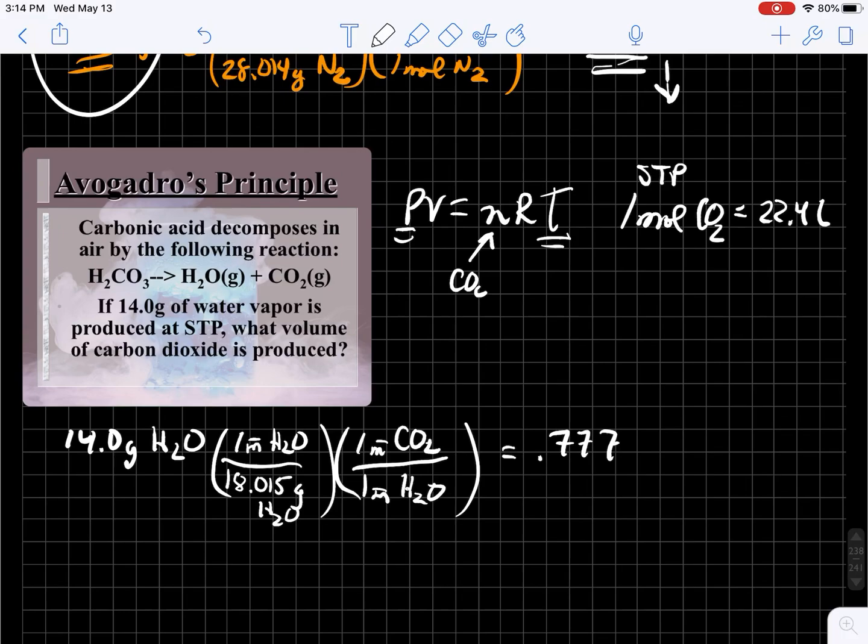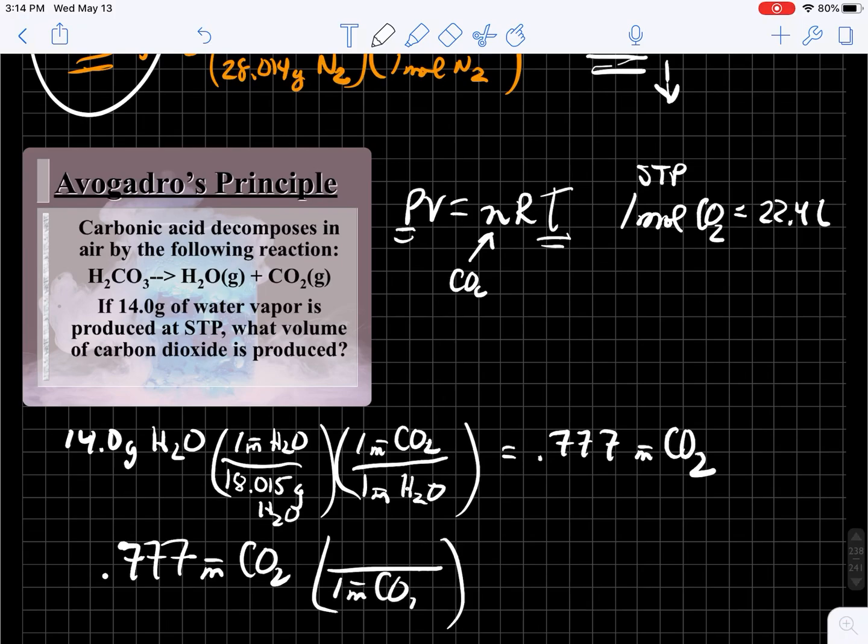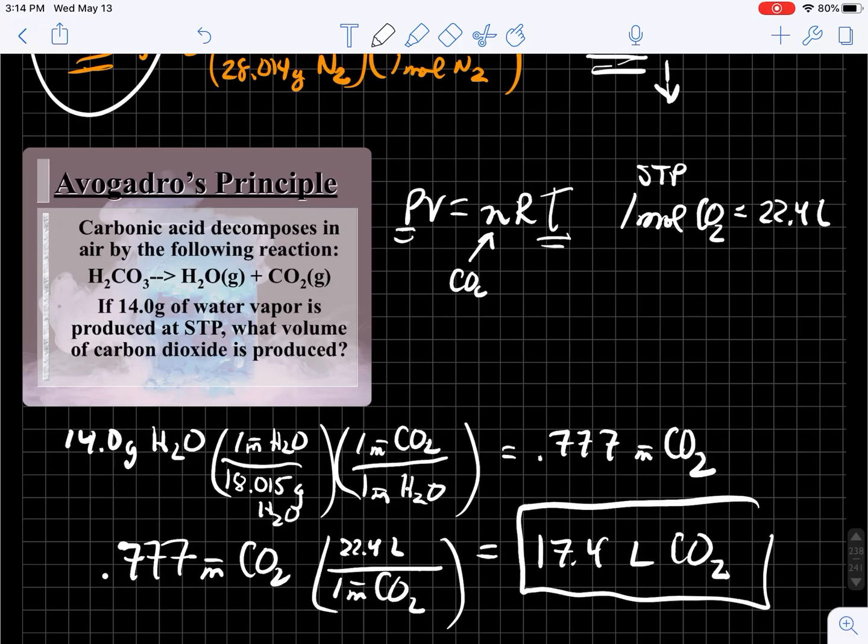So this comes out to be 0.777 moles carbon dioxide, and now I'm going to convert that. And we know that 1 mole of any gas at STP is 22.4 liters. So it's going to be 0.777 times 22.4, and we get 17.4 liters of carbon dioxide.